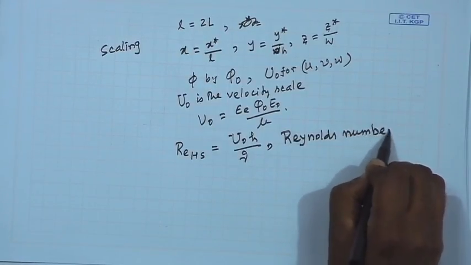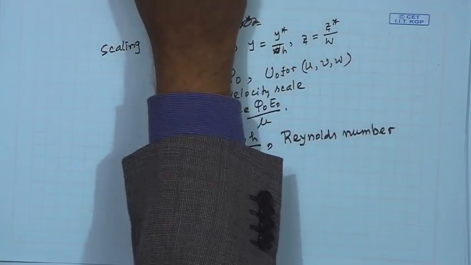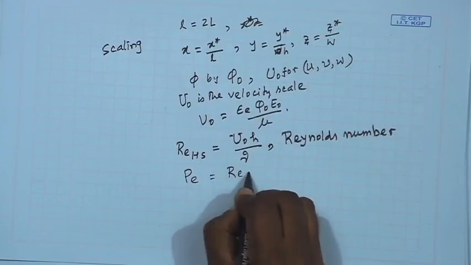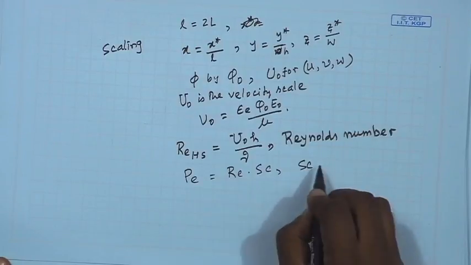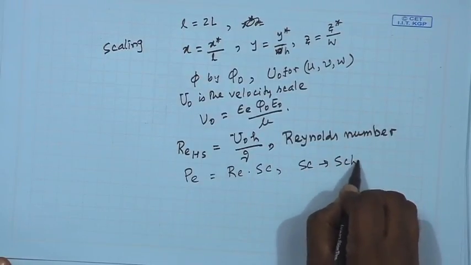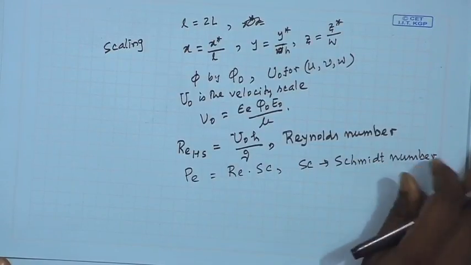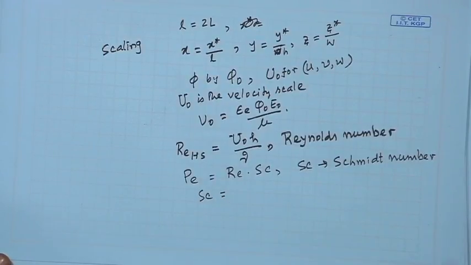Another quantity which will come out, because the Peclet number we have already introduced there, is the Peclet number, which corresponds to Re times Sc. Sc is the Schmidt number. The Schmidt number basically comes through the diffusivity of the ions, so this is nu by D. Here we have taken the diffusivity to be equal for all the ions.